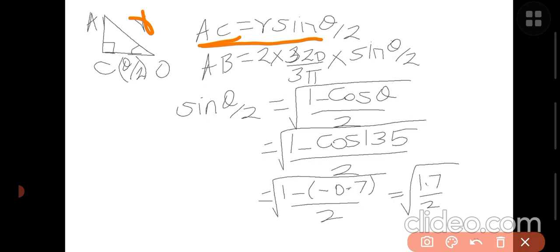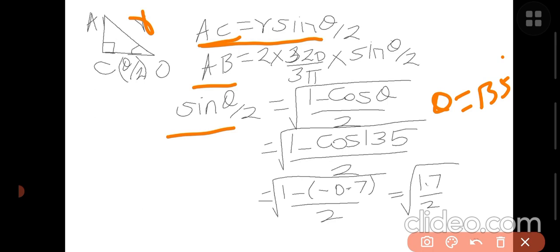Substituting the AC value in AB, we get 2 times 320 divided by 3 pi times sine theta by 2, where sine theta by 2 is equal to square root of (1 minus cos theta) the whole divided by 2. Square root of 1 minus cos 135, where theta is equal to 135 degrees.